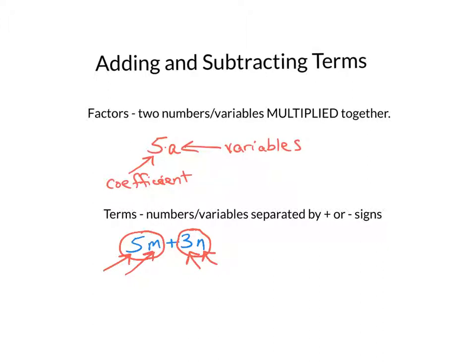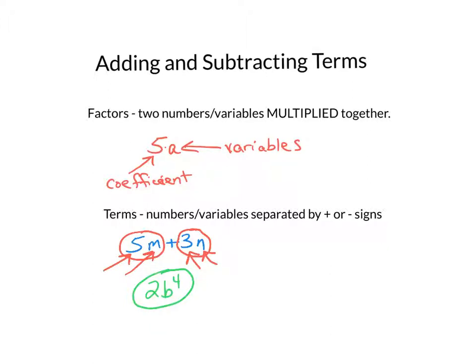If you are given 2b to the fourth, it's not separated by an addition or subtraction sign, but there is one term here. It stands alone. There's one term in that expression, 2b to the fourth.